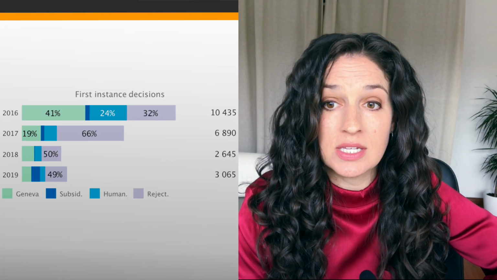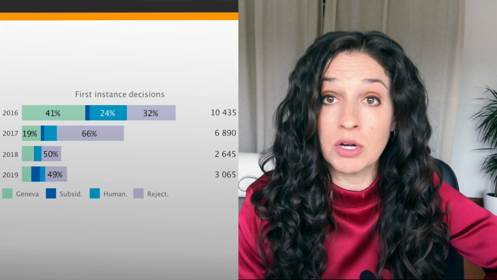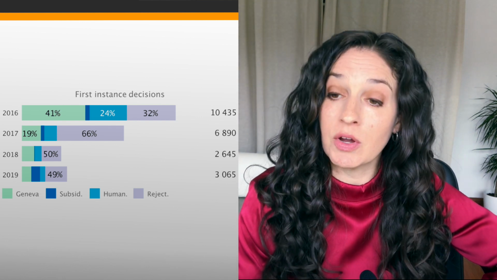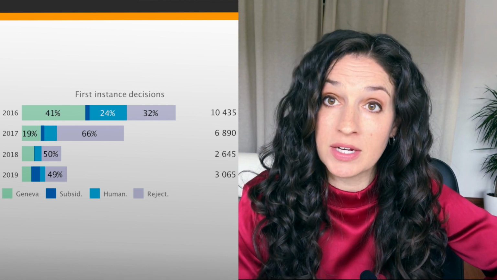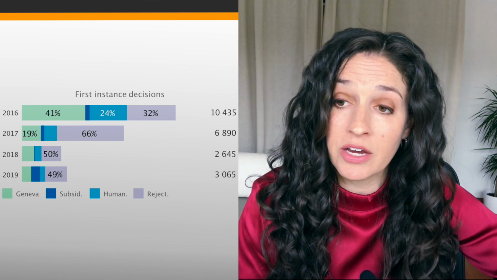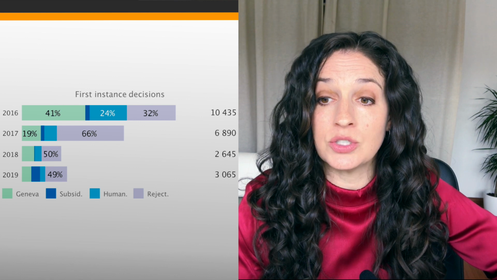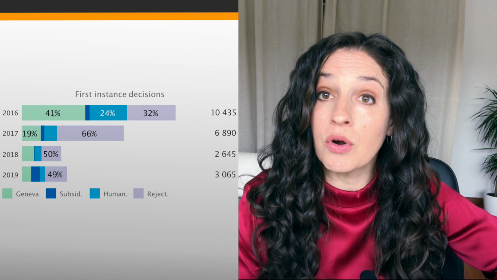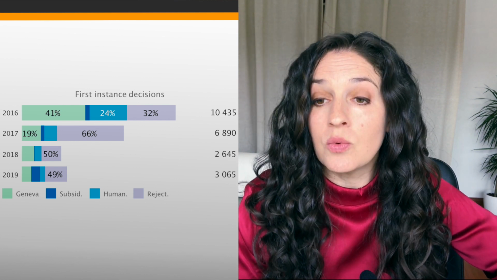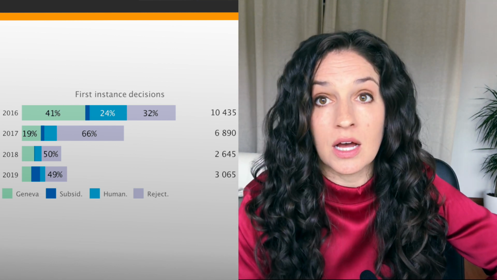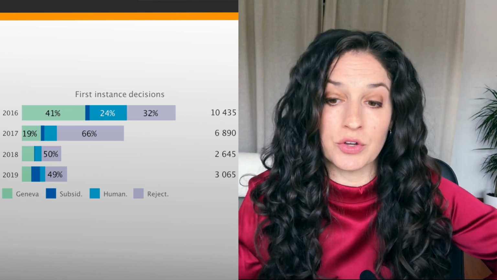If we then look at the decisions made on those applications, first instance decisions in 2016 were much more mixed, with more people receiving refugee status or some kind of humanitarian or subsidiary protection. Then later, between 2017 and 2019, we see more and more actual rejections, with fewer in that period also receiving refugee status or some kind of other protection.